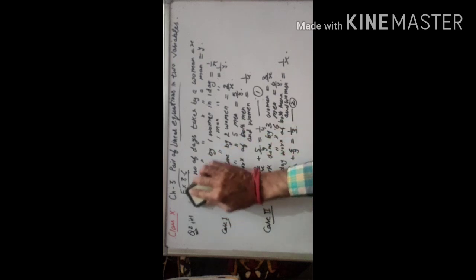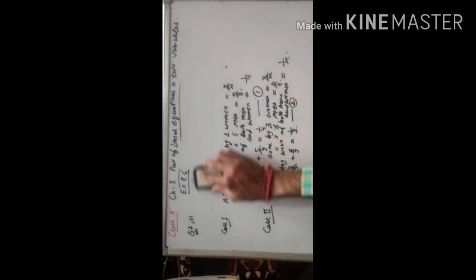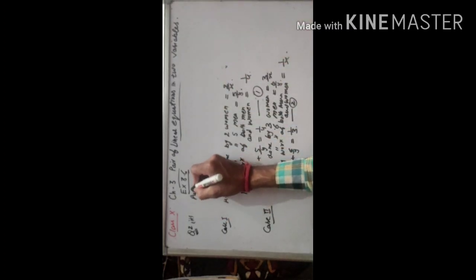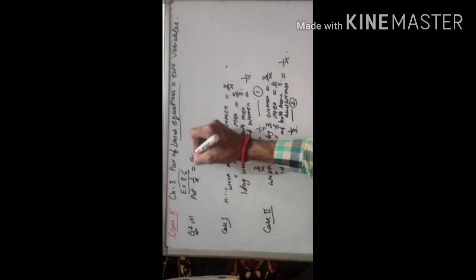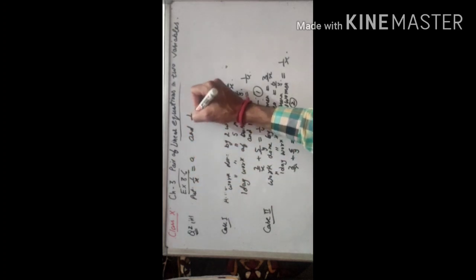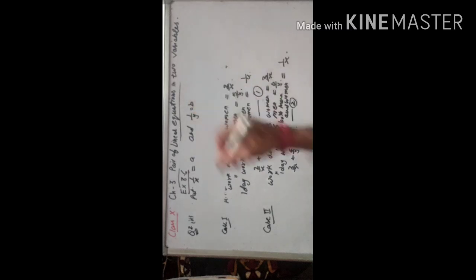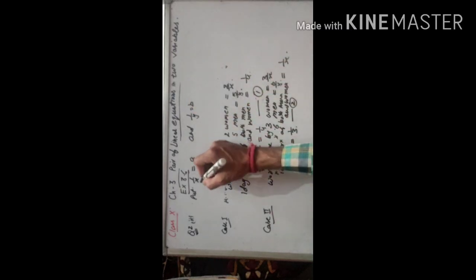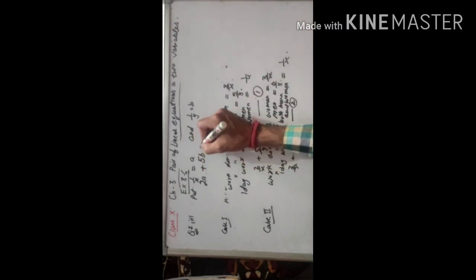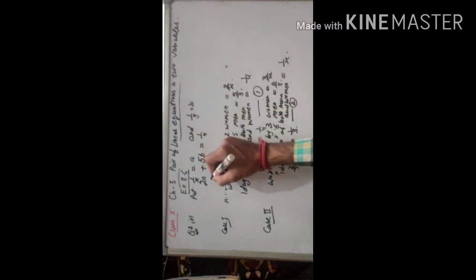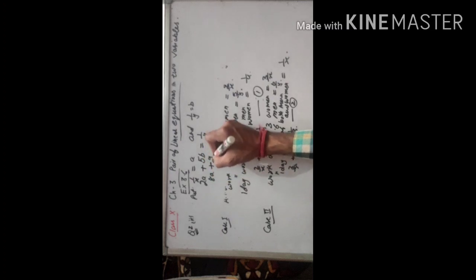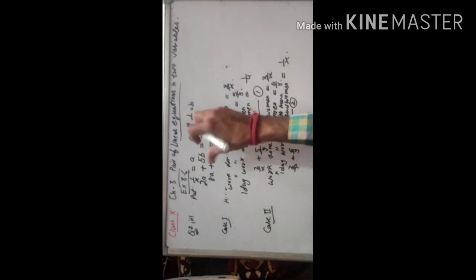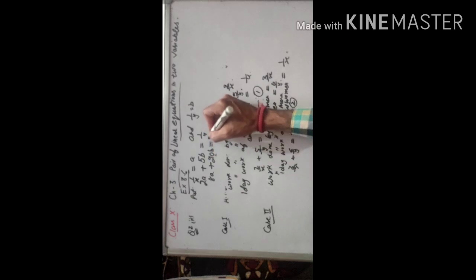Now we have to solve these two equations. Put 1 by x is equal to a and 1 by y is equal to b. Now the first equation becomes 2a plus 5b is equal to 1 by 4, that is 8a plus 20b is equal to 1.